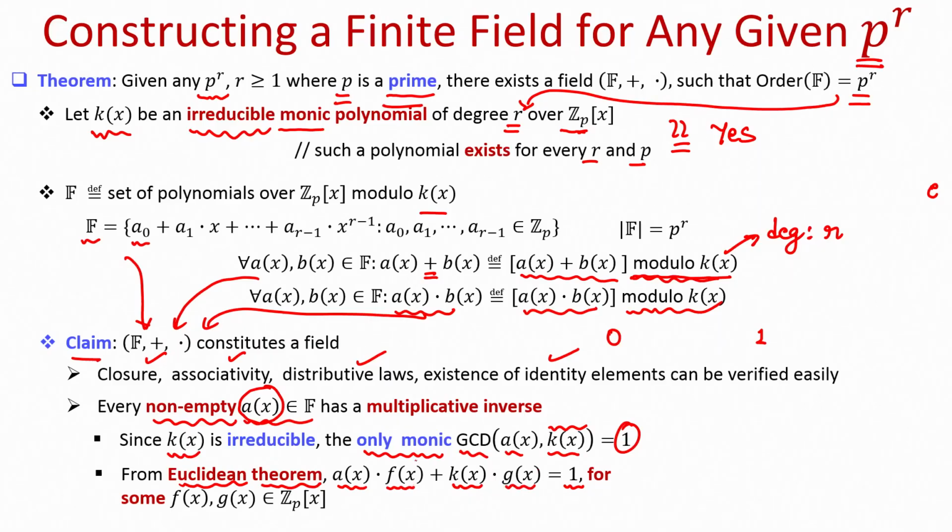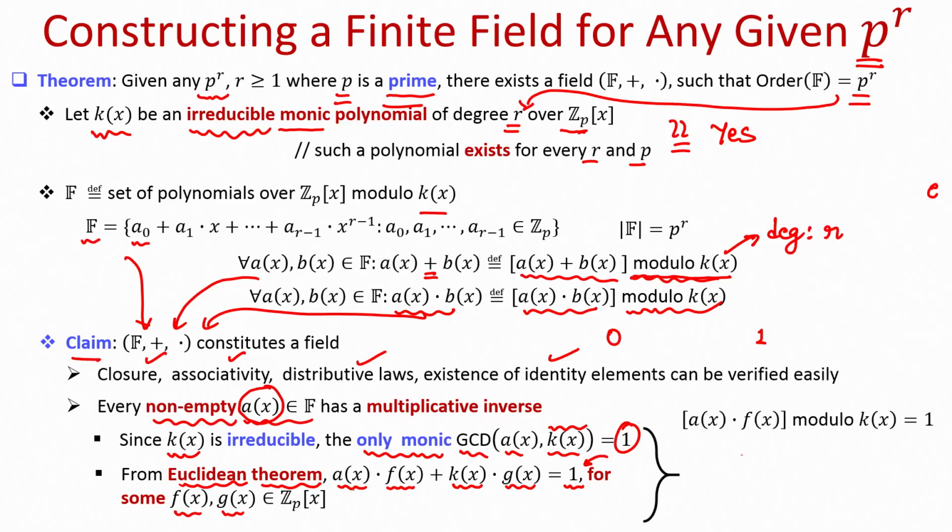They are actually not linear combiners, they are some polynomials which, when multiplied with A(x) and K(x) respectively and added, will give me the GCD, where the GCD in this case is 1. And what can I say about these multiplier polynomials f(x) and g(x)? Each of them is a polynomial over the field Zp, of some degree, need not be of degree at most r minus 1.